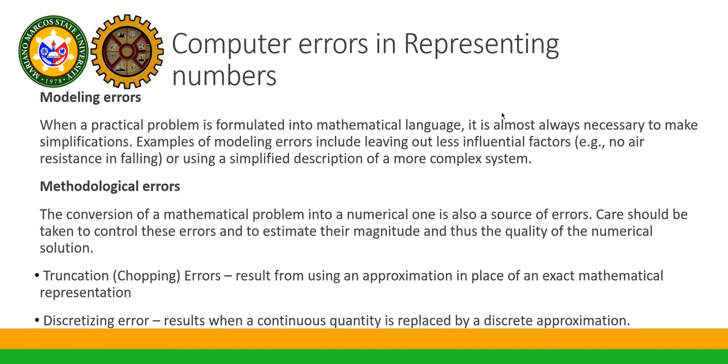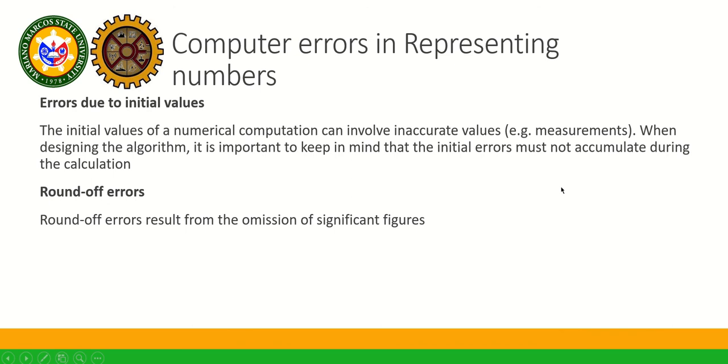Okay? So next, meron pa ba? Okay, meron pa. Errors due to initial values. The initial values of a numerical computation can involve inaccurate values or measurements. When designing the algorithm, it is important to keep in mind that the initial errors must not accumulate during the calculations.